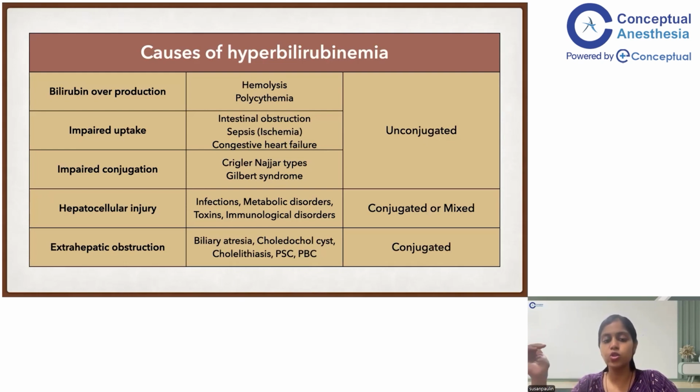And then comes the situation where there is an extrahepatic obstruction resulting in decrease or no outflow of the bile. This situation would be like biliary atresia, choledochal cyst, cholelithiasis, primary sclerosing cholangitis, and primary biliary cirrhosis. This can lead to conjugated hyperbilirubinemia.